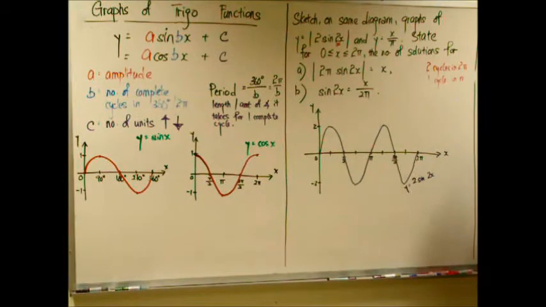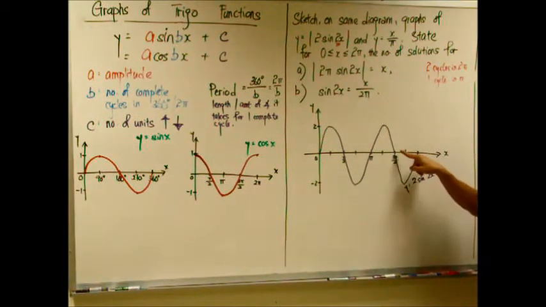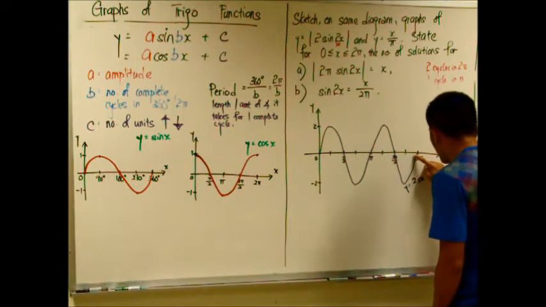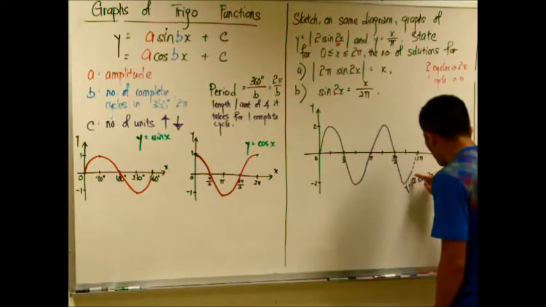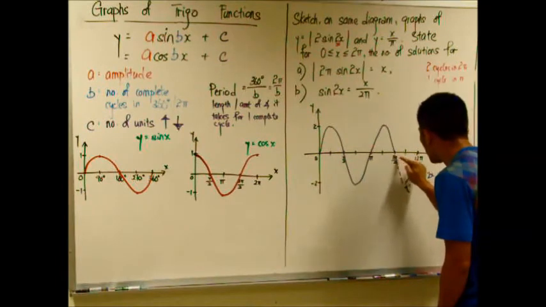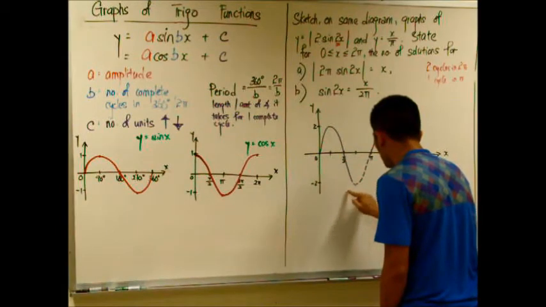But what are we required to draw? The modulus of 2 sine 2x, meaning whatever is negative, you are supposed to make positive. We do not want the negative portion. So if you can, just erase it and make it a dotted line. Of course, it's very easy for me to do so.